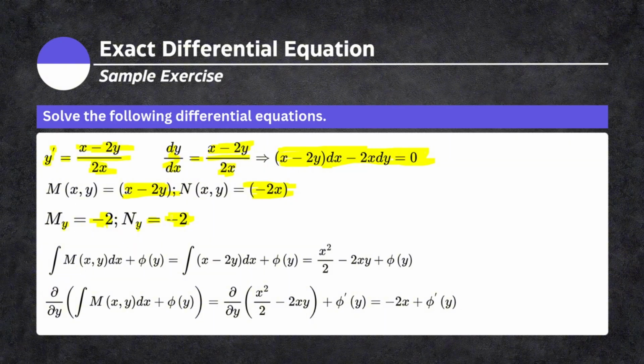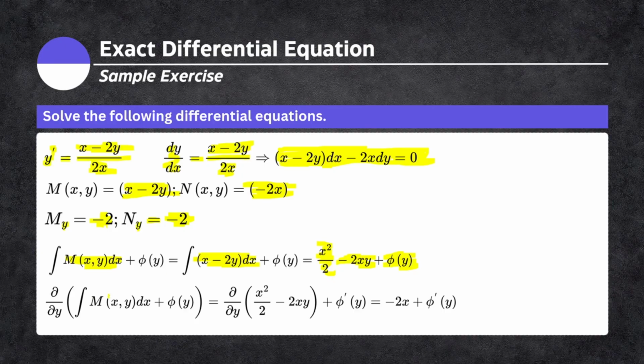Applying the process of solving an exact differential equation, we first get the integral of our m function. That is the integral of x minus 2y dx, and the answer will be x squared over 2 minus 2xy, and just simply add the phi of y here.